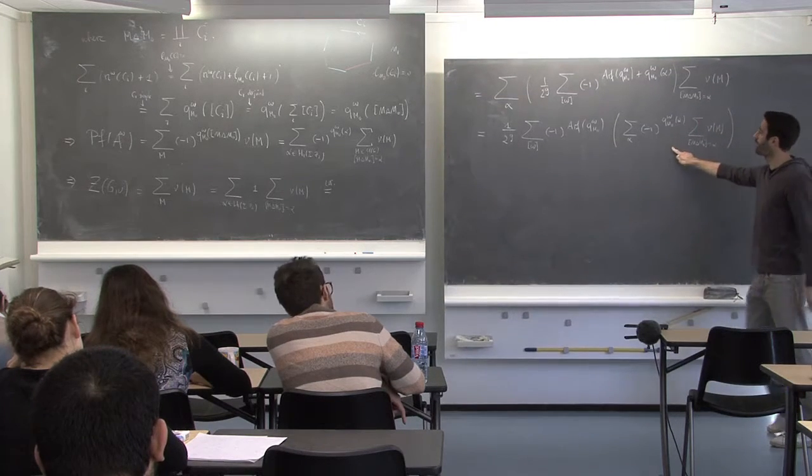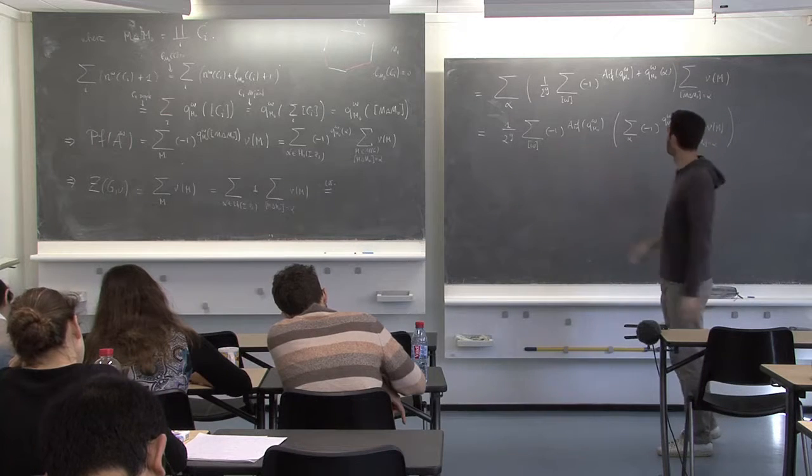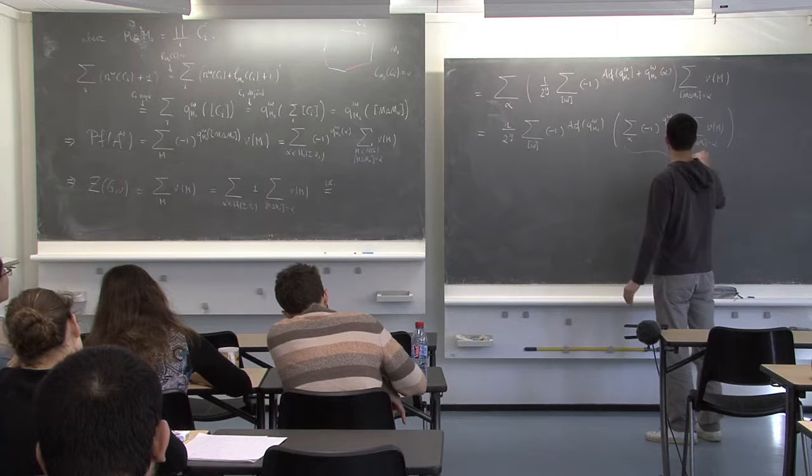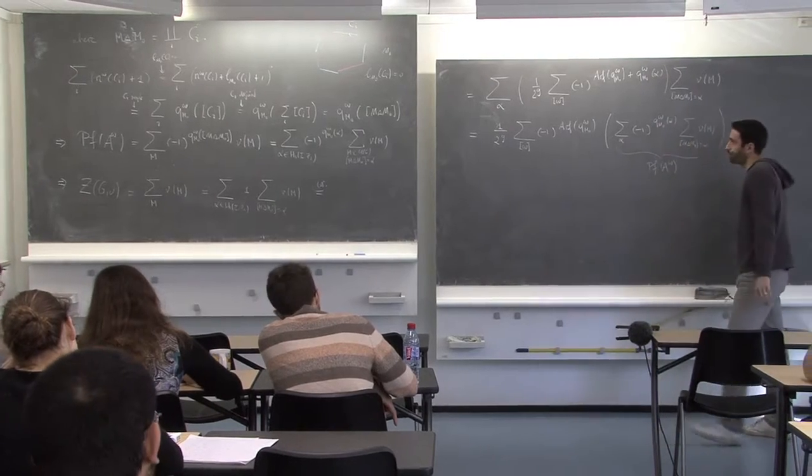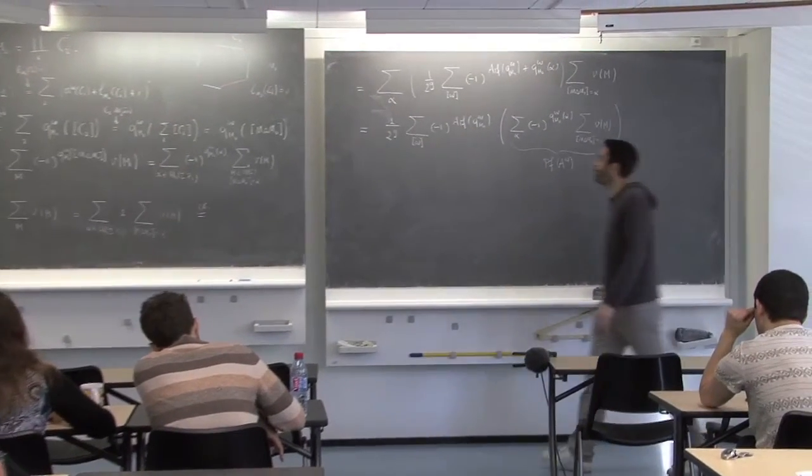And you see that what we have here is precisely the Pfaffian of A omega. And so we're done.